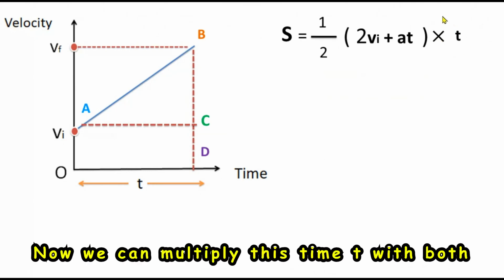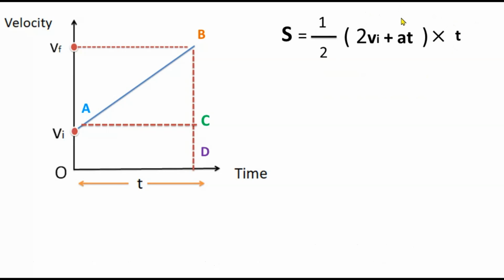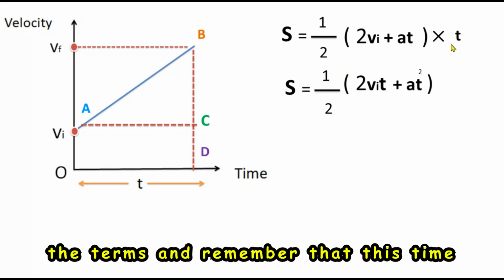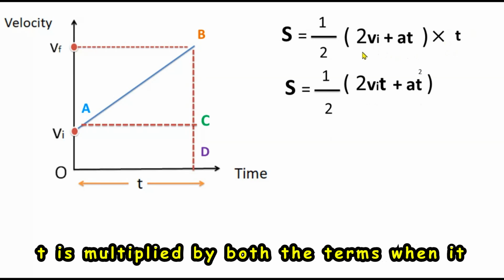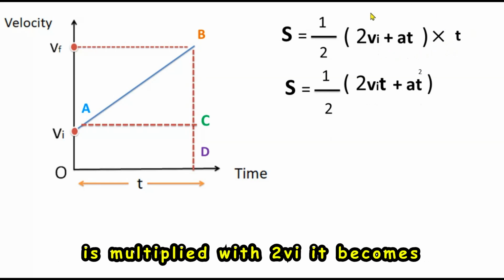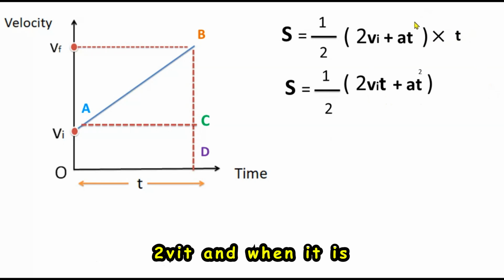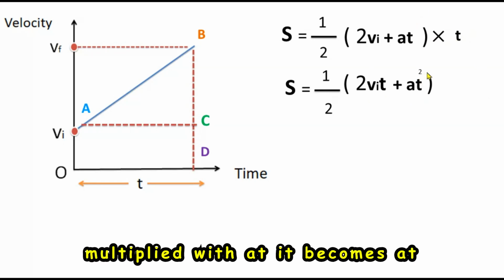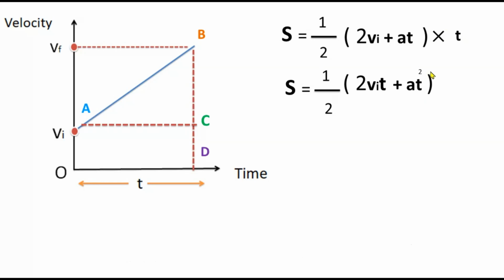Now we can multiply this time t with both the terms, and remember that this time t is multiplied by both the terms. When it is multiplied with 2Vi, it becomes 2Vit, and when it is multiplied with At, it becomes At squared.